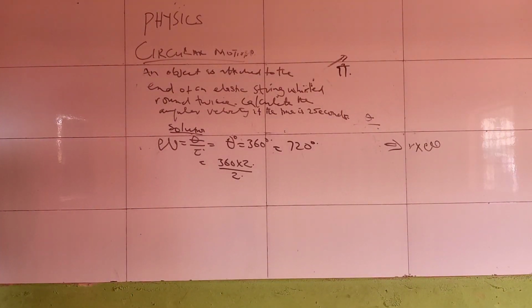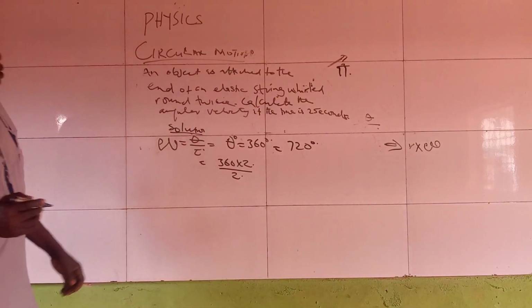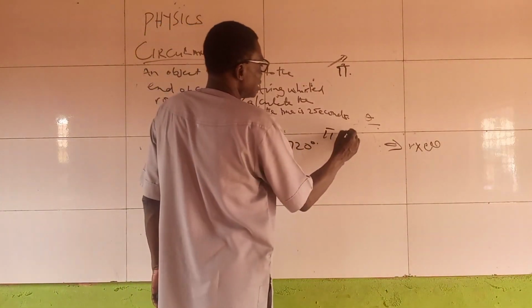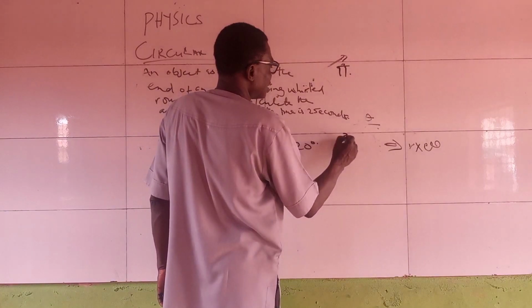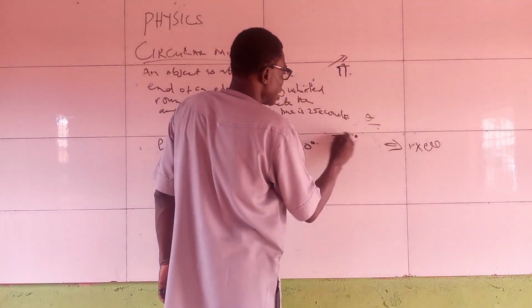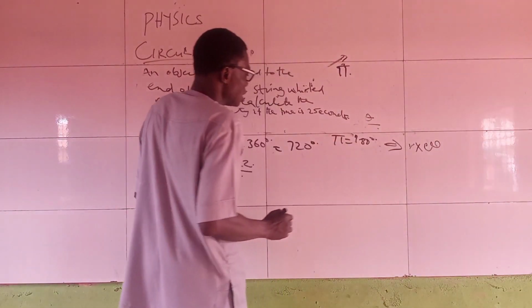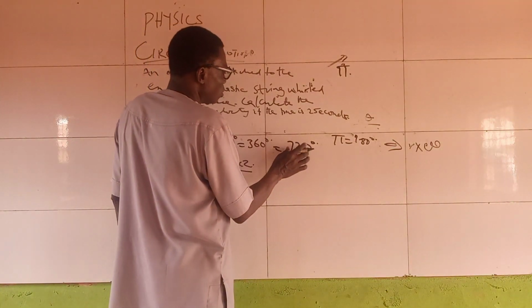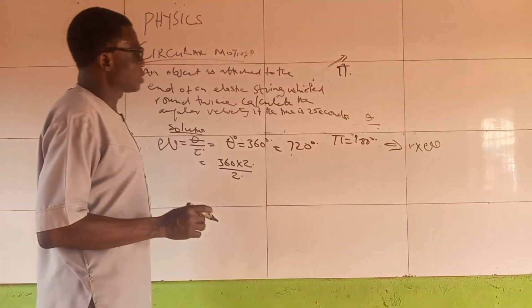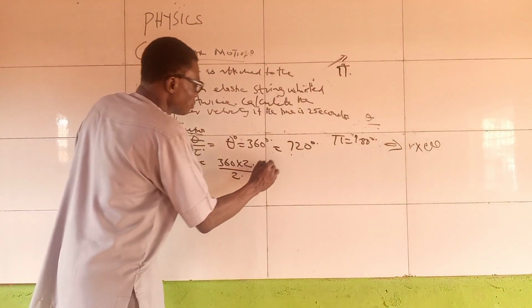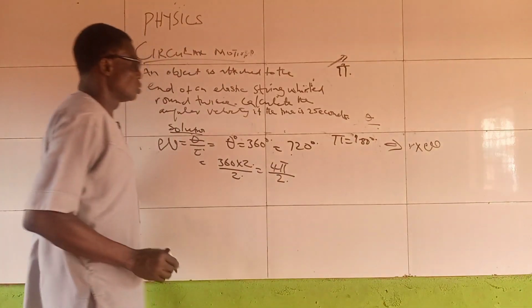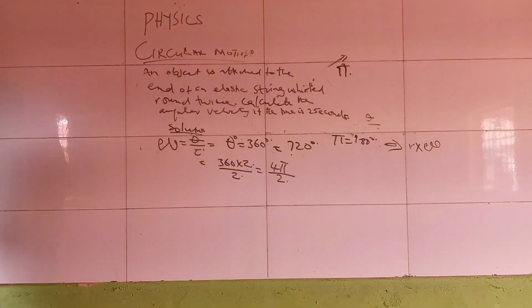So in that case, what I have is 4 pi. 1 pi is 180 degrees, so 720 will be 4 pi. So this will give me 4 pi all over 2, because the time is 2.